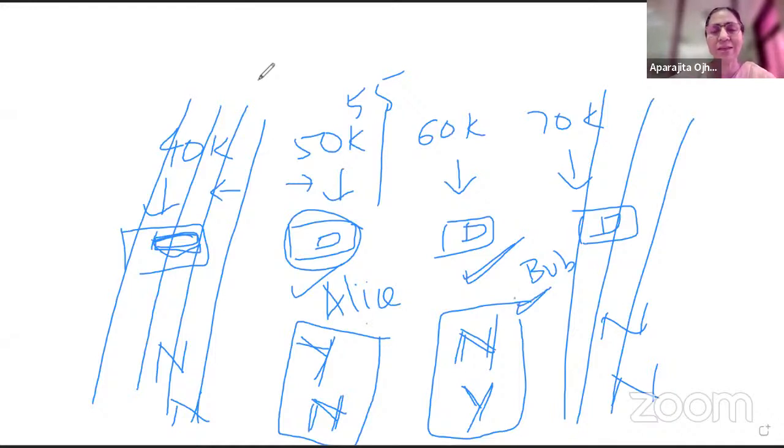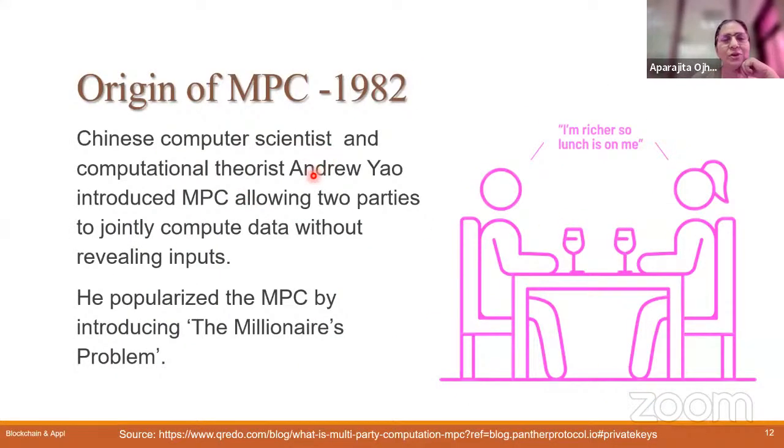That means his salary is more than the salary of Alice, right? So what I intend to say is that through this fun type of method, Andrew Yao tried to popularize the idea of multi-party computation.